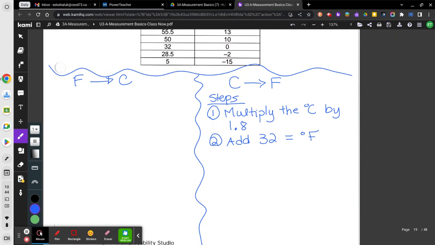So we are going to convert, example, we're going to go with 13 degrees Celsius equals blank degrees Fahrenheit. So now we're going to do both steps. We're going to do 2 steps. So we need our calculators. All right.